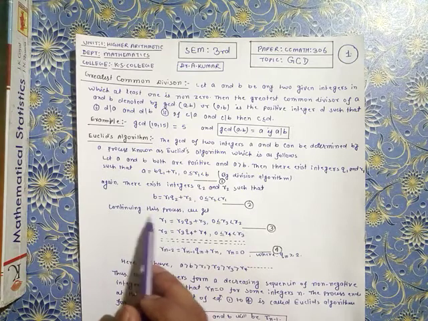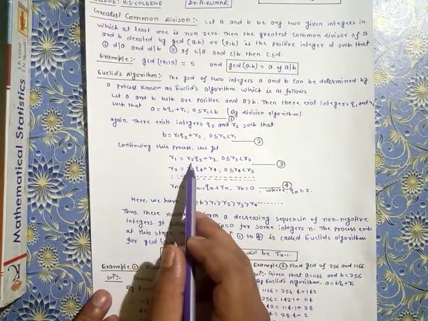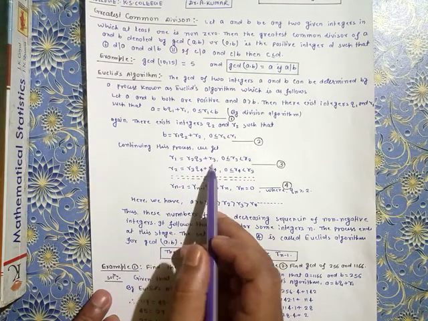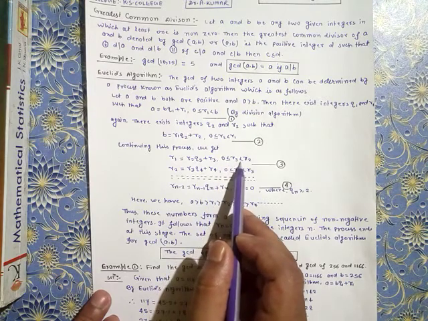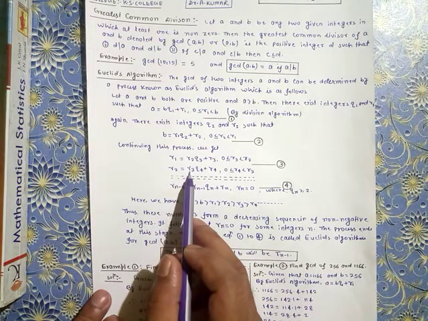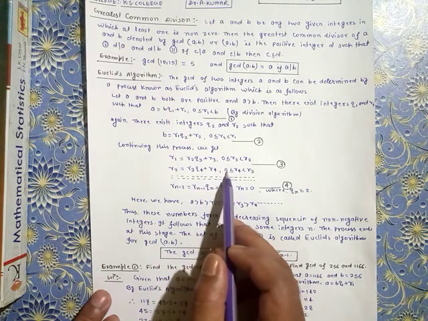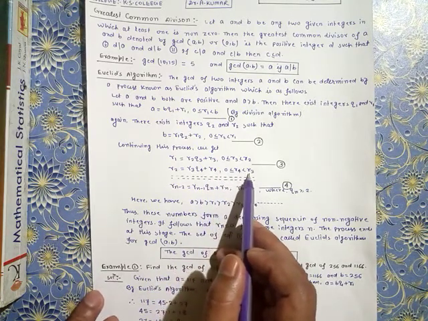Continuing this process, we get r1 equals r2 into q3 plus r3, 0 less than or equal to r3 less than r2. r2 equals r3 q4 plus r4, 0 less than or equal to r4 less than r3, and so on.